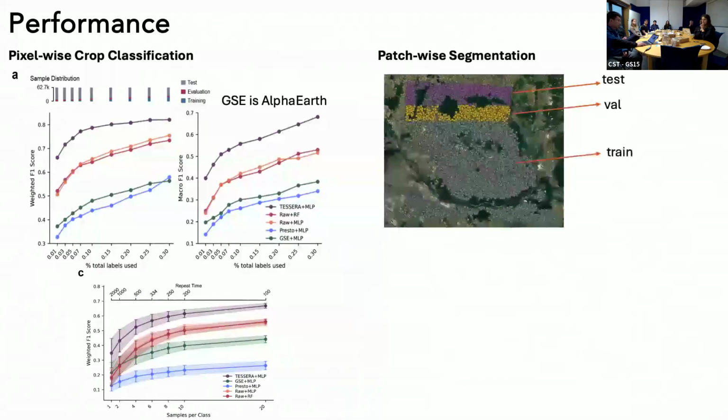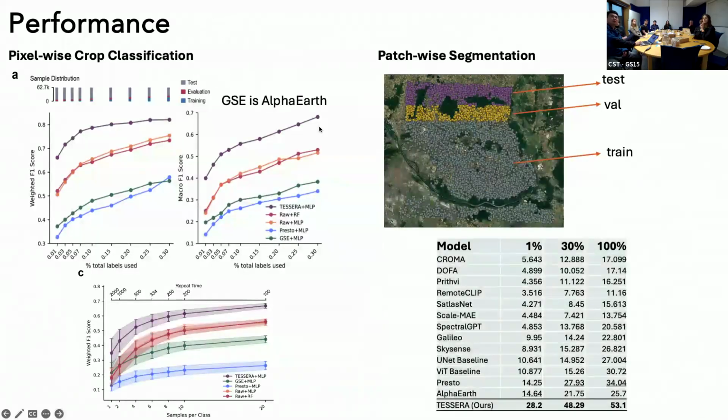Alternatively, you can refer to this patch-wise segmentation, where you create some patches in your polygon. Then you create these 64 by 64 embedding patches, so the shape of these patches will be 64 by 64 by 128.